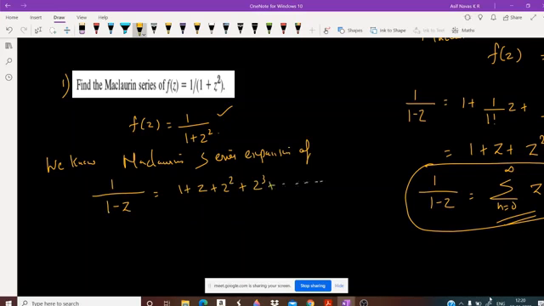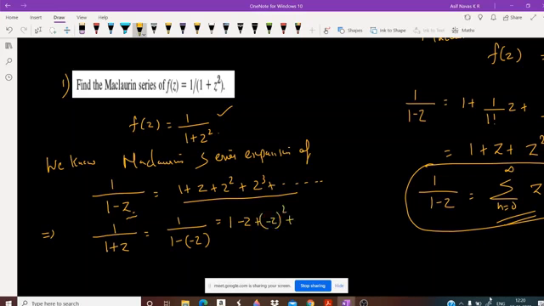Now, what is 1 by 1 plus z? This is something like 1 minus of minus z. So we will replace z by minus z here. What will be the expansion? 1, we replace z by minus z, plus minus z all square plus minus z all cube plus etc. So what will be the expansion of 1 by 1 plus z?